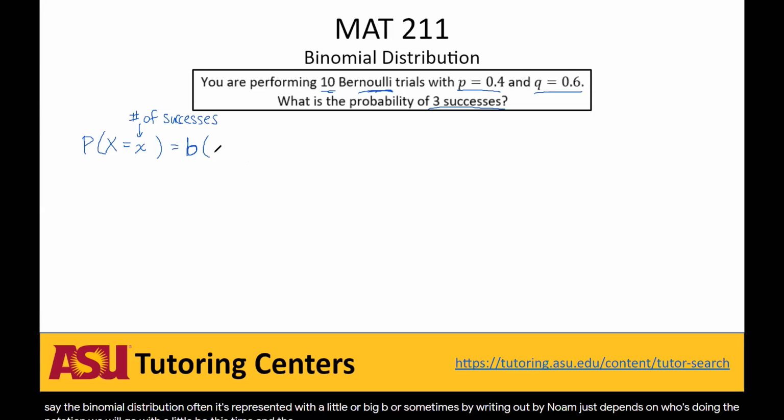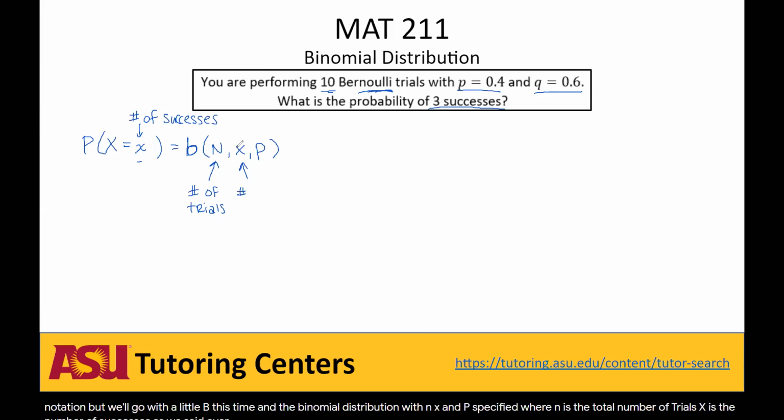And it's the binomial distribution with n, x, and p specified, where n is the total number of trials, x is the number of successes, as we said over here, so we'll make this a little x, and p is the probability of success.